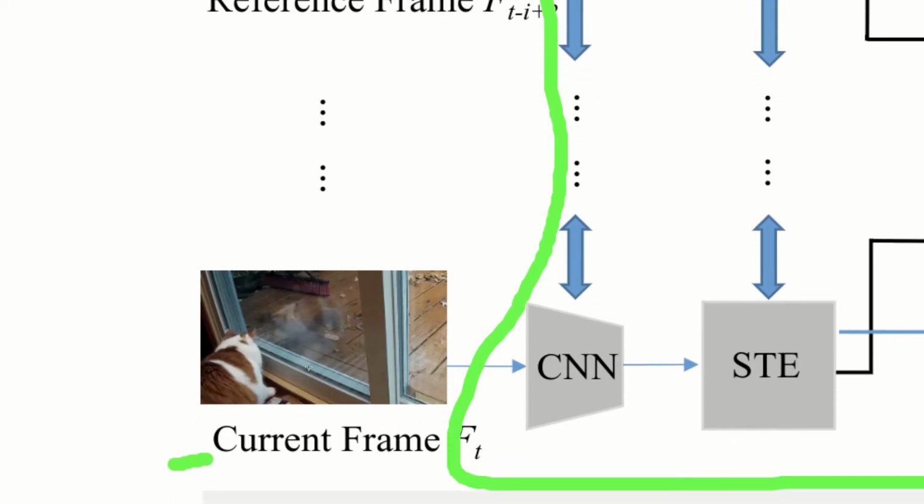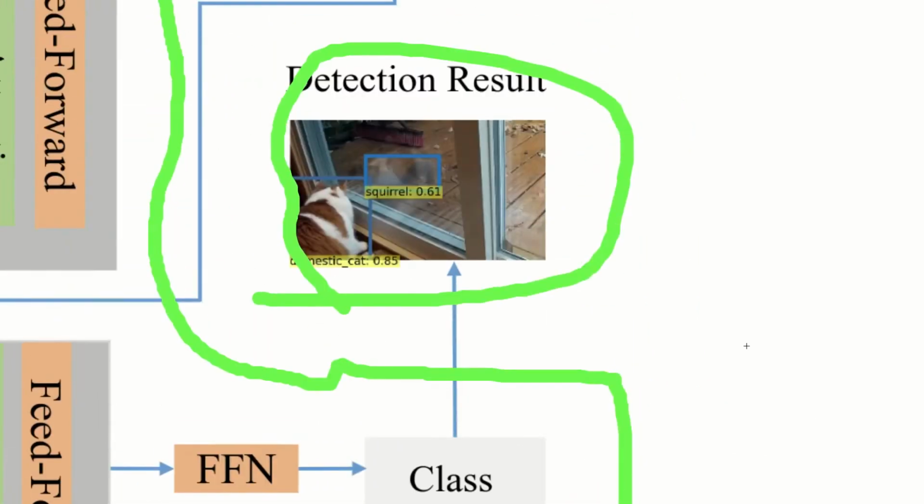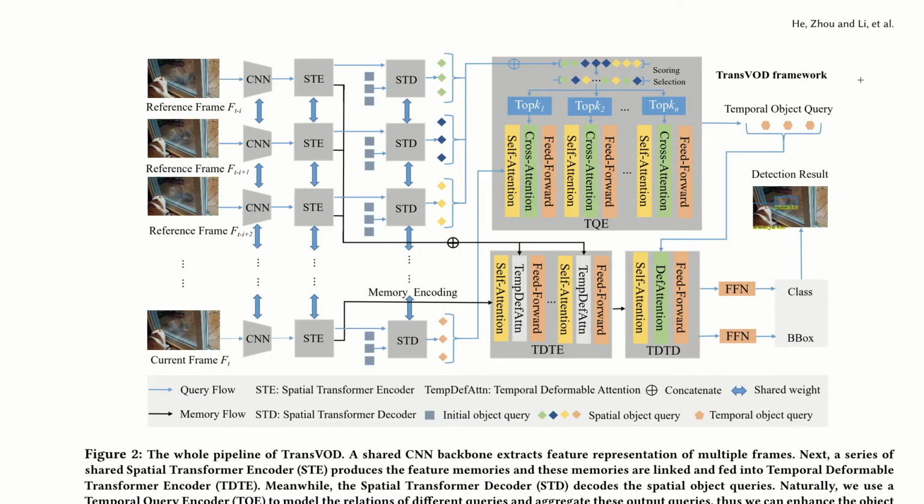So a single frame detector might have problems to detect here anything. And their detector really makes it possible to detect here a cat and the squirrel. Okay, how does it actually work?